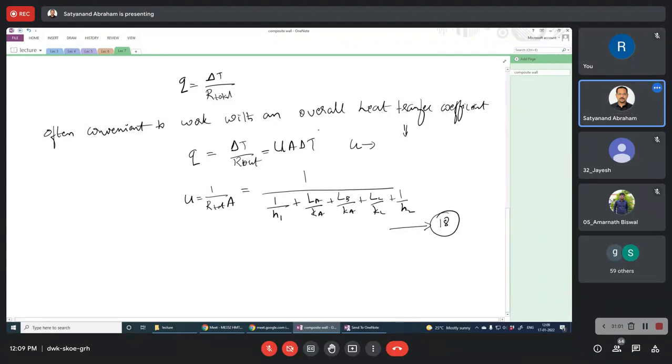In those cases we can again use the thermal resistance analogy, but the more appropriate term is the overall heat transfer coefficient.